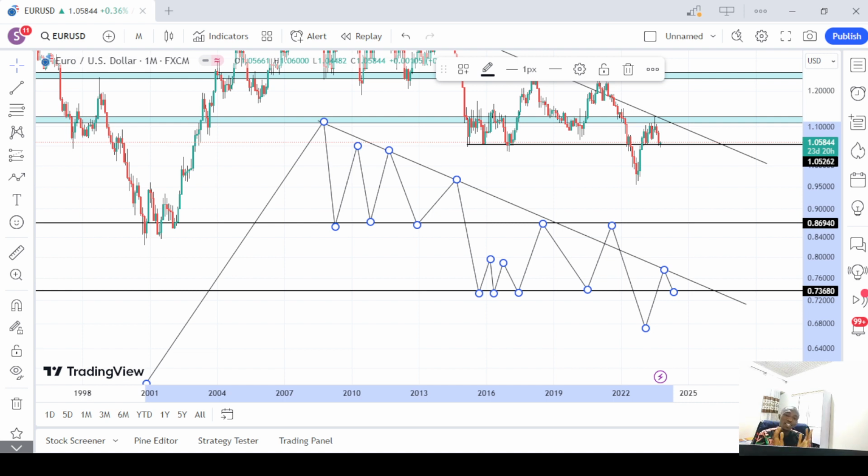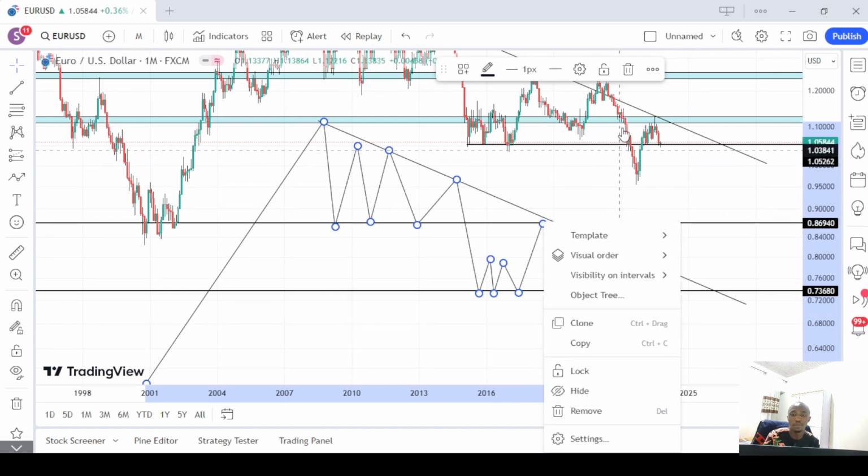So anything you are looking out for on the lower time frame, you'll be looking out for those things in the direction of the monthly time frame. Now the direction is a bearish direction. It's a bearish trend.